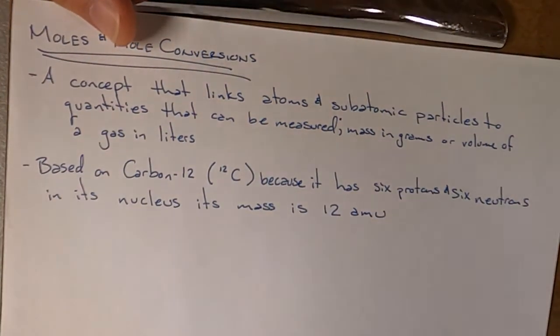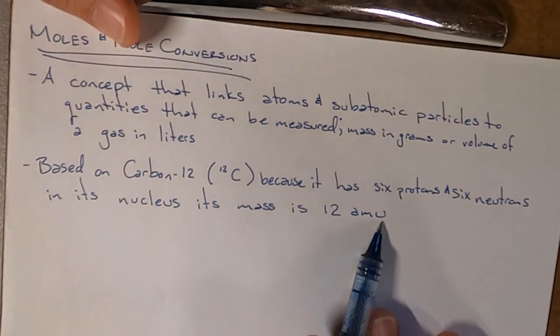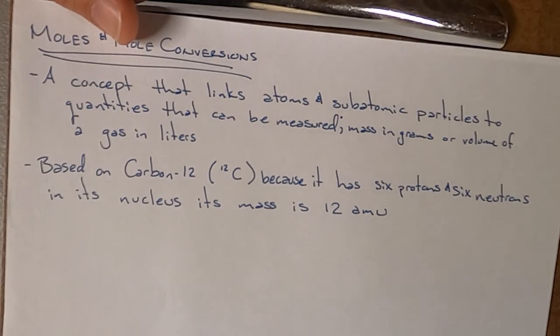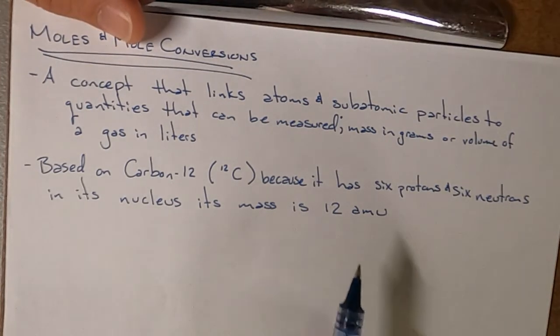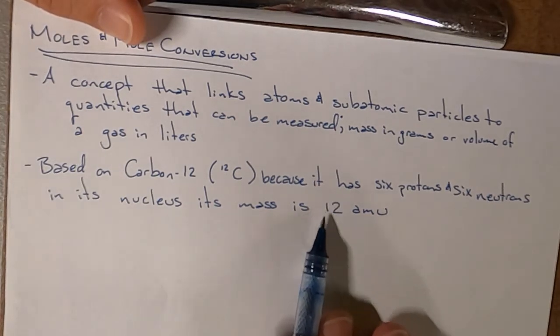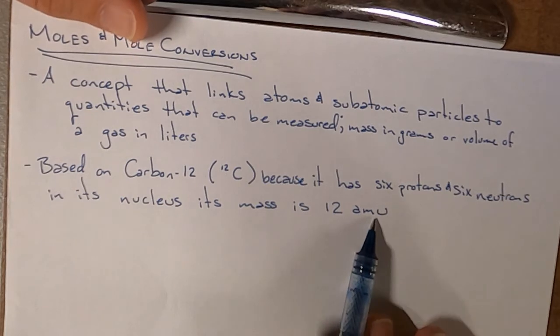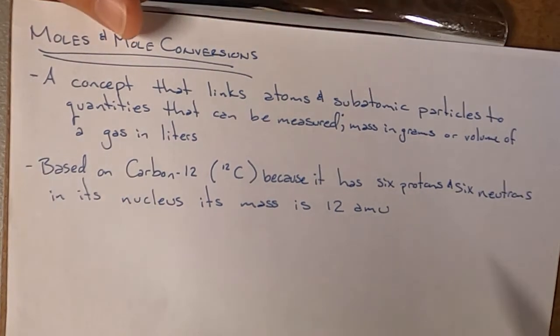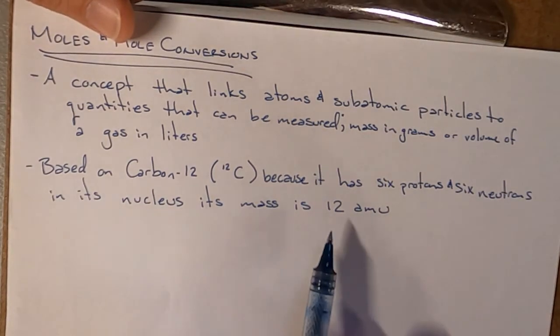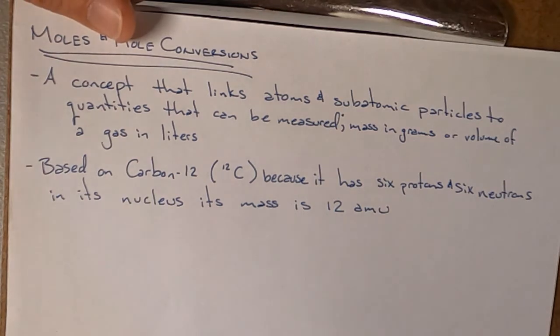And so what chemists were trying to do was connect how many atomic mass units an isotope or a substance has to the number of grams. And so they said, well, let's say that something with a certain amount of atomic mass, that 1 mole of it will be however many atoms or molecules or formula units it takes to have that many grams of it.